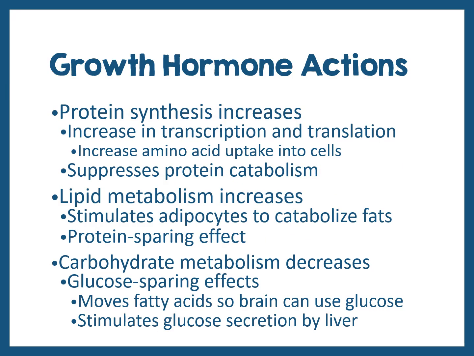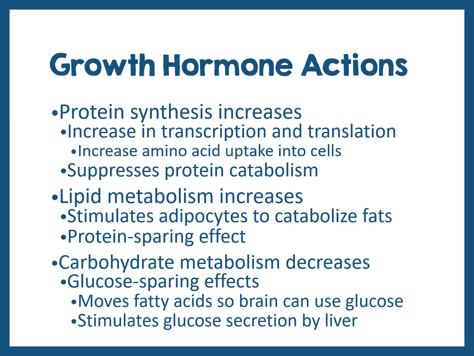The actions of growth hormone when it does reach its target site is going to be an increase in protein synthesis because we want to get bigger. So we're going to have to create more proteins and increase transcription and translation so we can make more cells and we can grow larger.